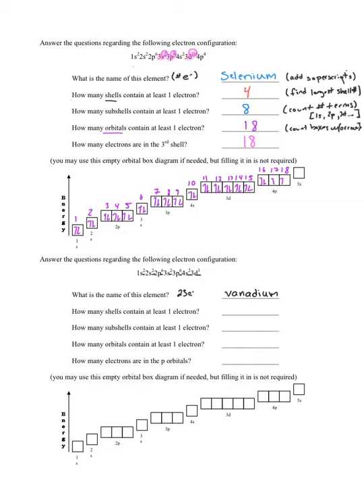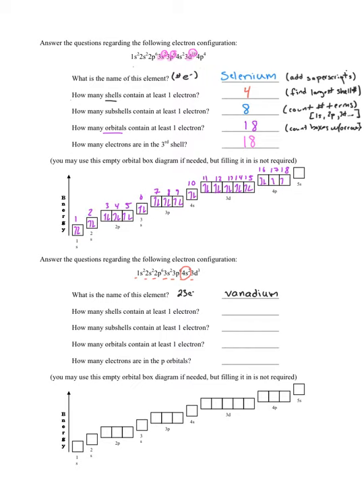In terms of our shell number, right, I've got the first shell, second shell, third shell, and then there's the fourth shell. Be careful, it's not the last term because we go back into the 3D after we've gone out to the 4s.